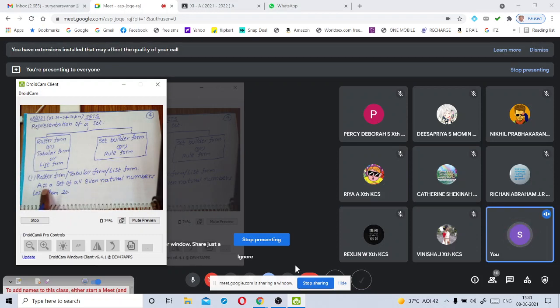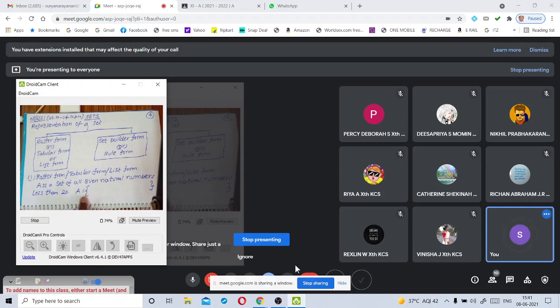Let us write this set in the roster form. In the roster form, we write all the elements of the set clearly, we list them, separate them by comma, and write them in set brackets. These are called set brackets or braces.